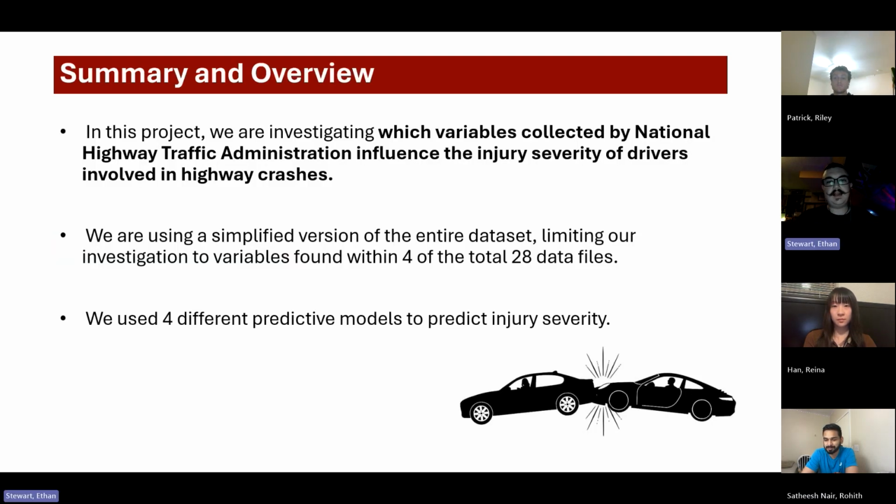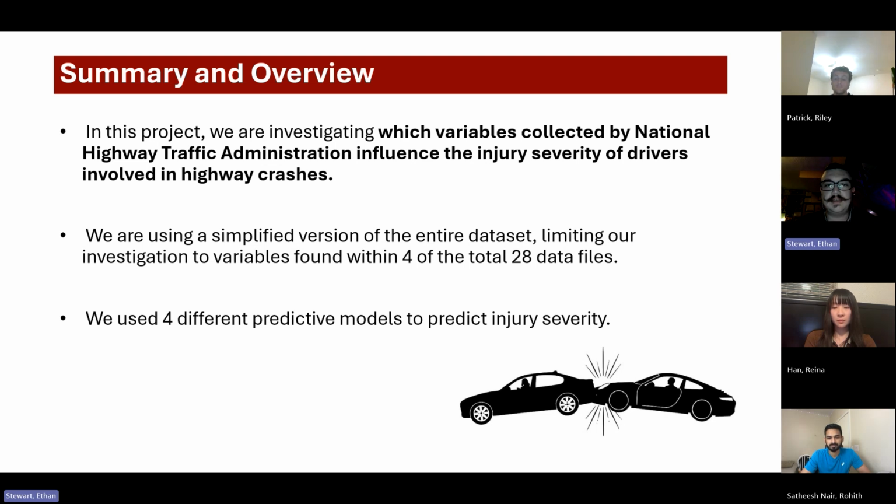So just kind of a really high-level overview of our investigation. Our data was collected by the National Highway Traffic Administration, and it is a collection of data relating to highway traffic accidents. Our primary objective is to look at all of the variables collected and try to see if there is a link to injury severity with the drivers that are involved in the accident.